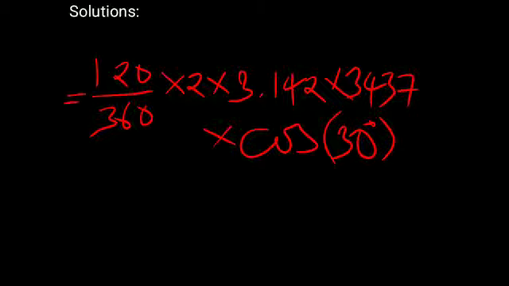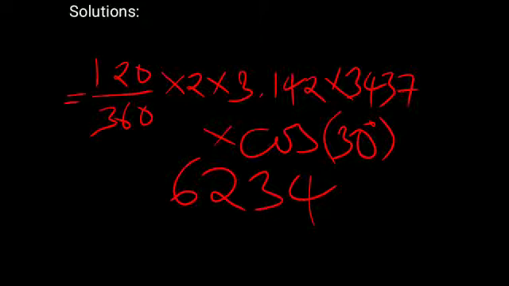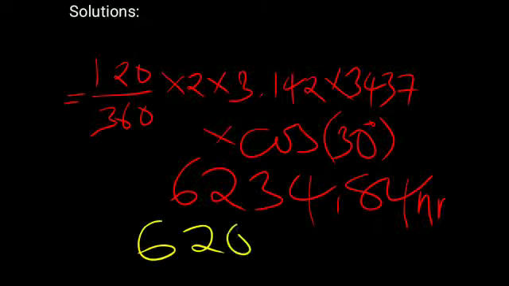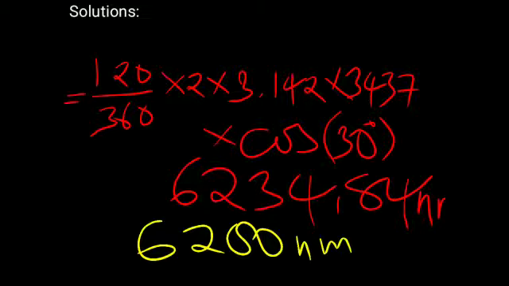That is going to give us 6,234.84 nautical miles, which can be rounded off to the nearest 100, meaning it will be 6,200 nautical miles. And that is how we can calculate the distance of points YZ along the circle of latitude.